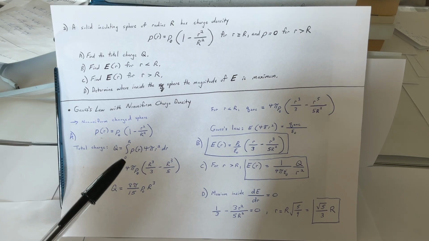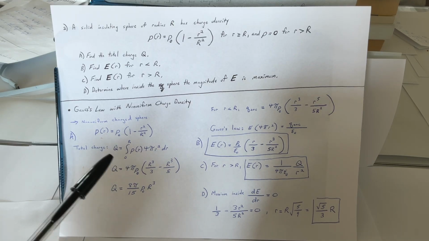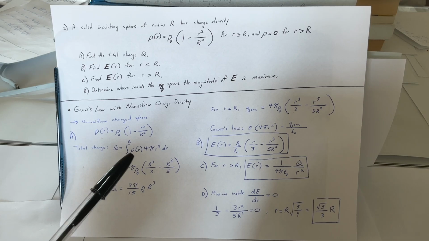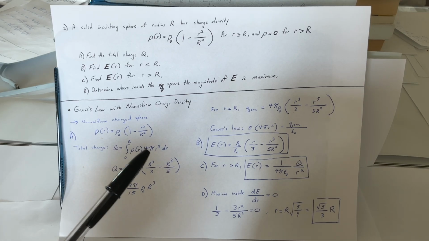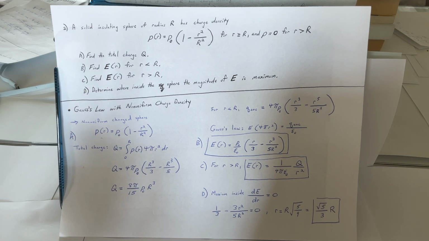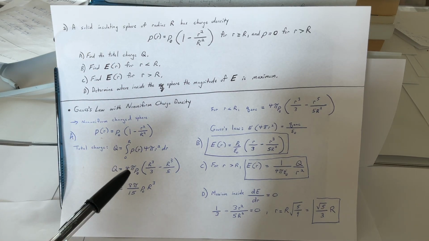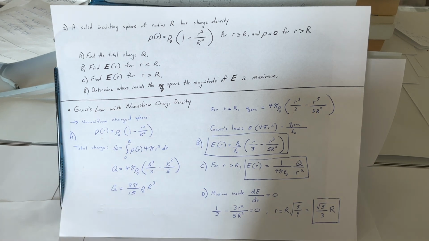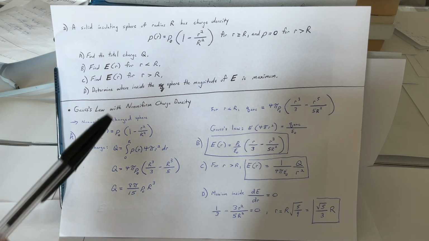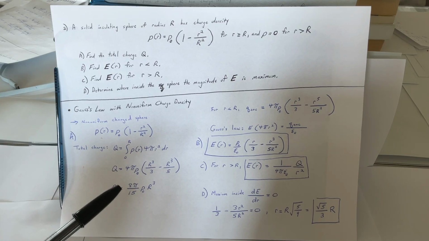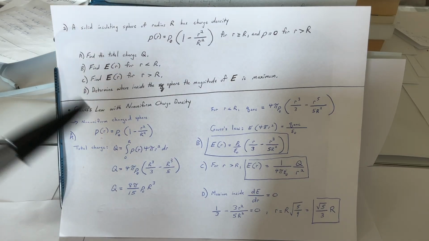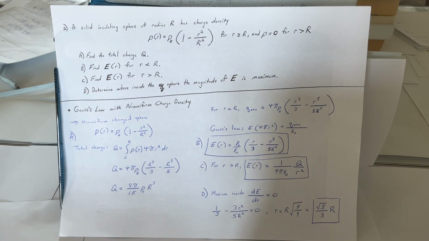Total charge Q equals the integral from 0 to R of rho of r times 4 pi r squared dr. So integrating here, our Q is going to be 4 pi rho naught times the quantity R cubed over 3 minus R cubed over 5. And Q is going to equal 8 pi over 15 rho naught R cubed. Some of the intermediary steps are not shown, but that's what Q yields after the integration.